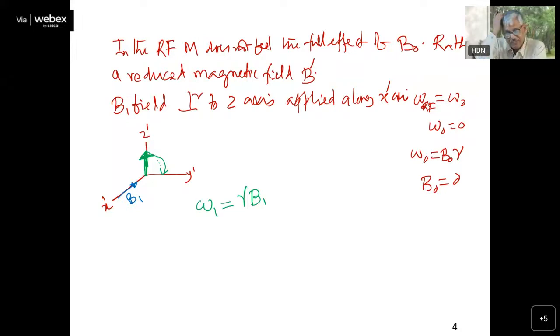So now let us see. It may happen that omega 0 is not always equal to the rotating frame frequency. There will be situations where omega RF will be slightly different from omega 0. Under that condition the B0 will not be 0, and that will be your B prime. So we call that a reduced magnetic field.